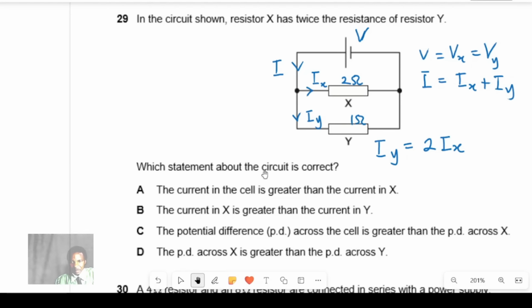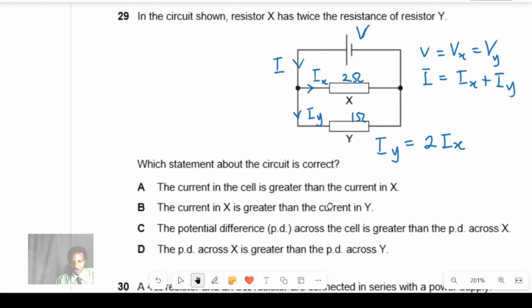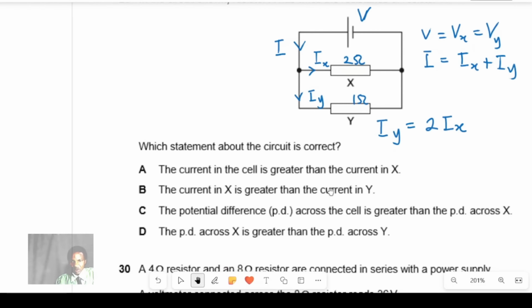Which of the statements about the circuit is correct? The current in the cell is greater than the current in X.